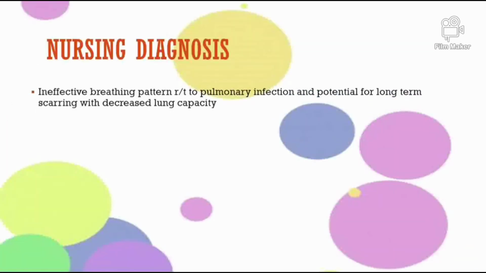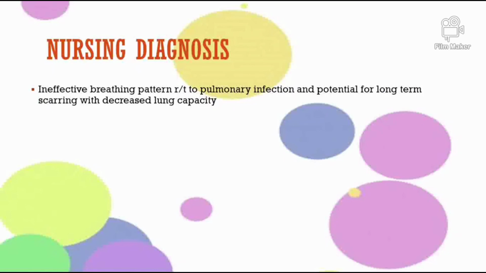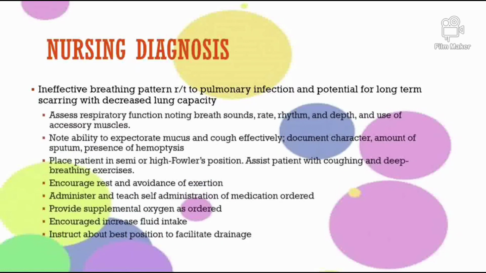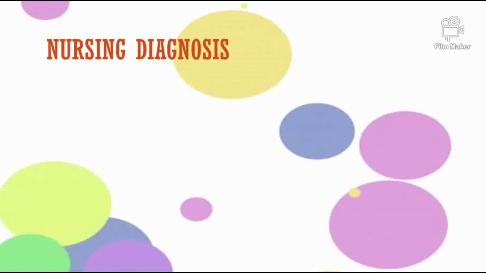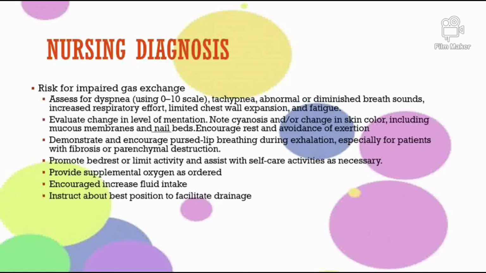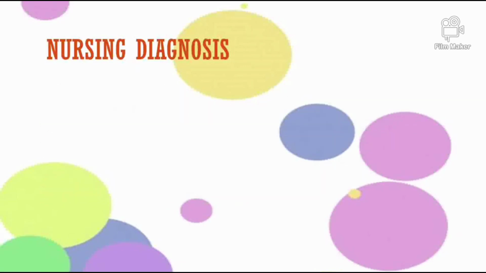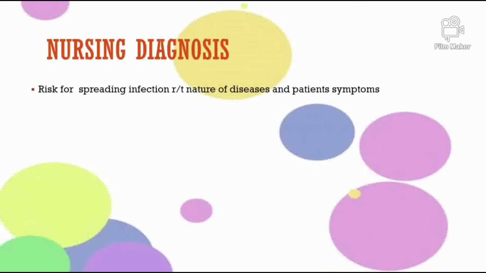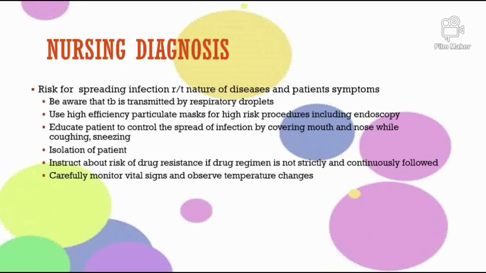The nursing diagnoses would be ineffective breathing related to pulmonary infection and potential for long-term scarring with decreased lung capacity. Next is risk for impaired gas exchange. Next is risk for spreading infection related to the nature of the disease and the patient's symptoms.